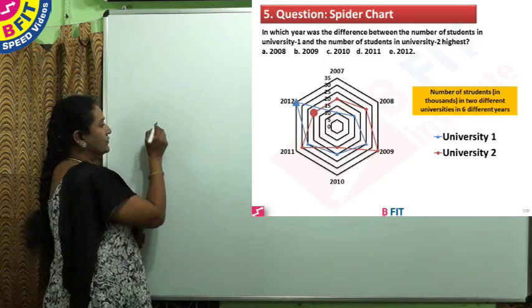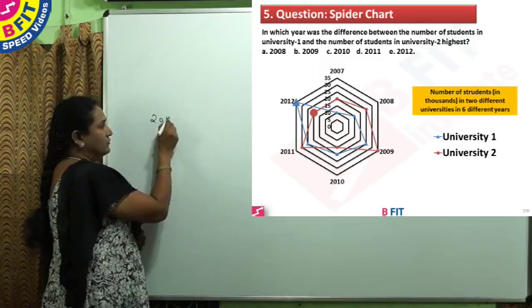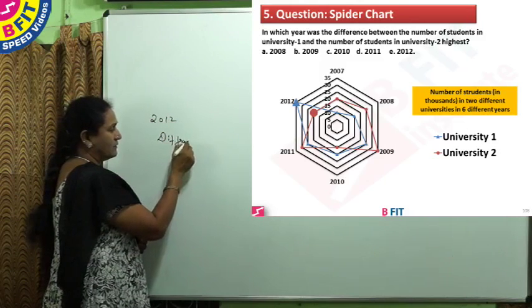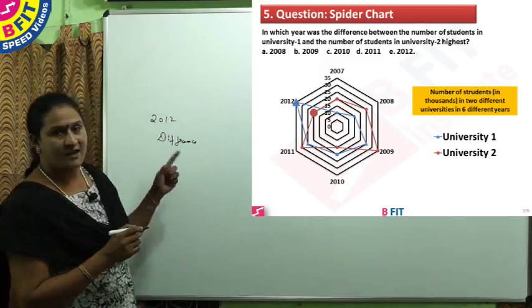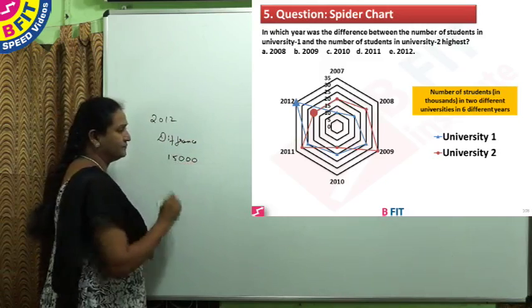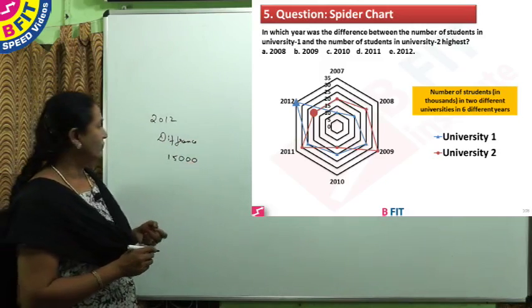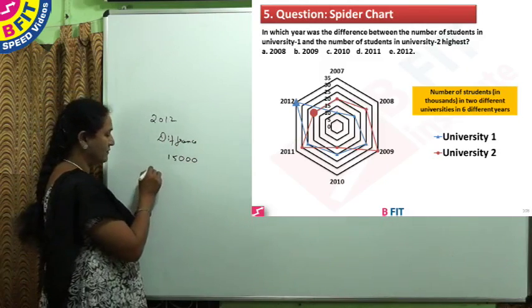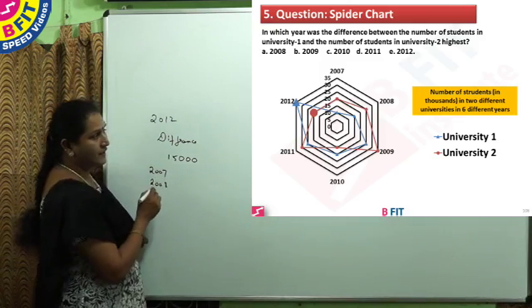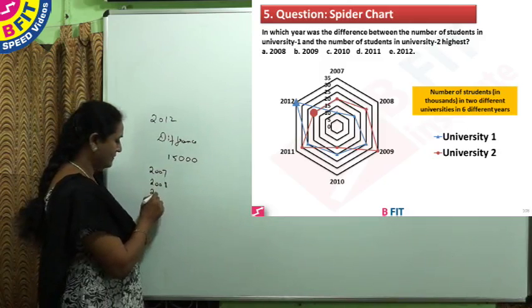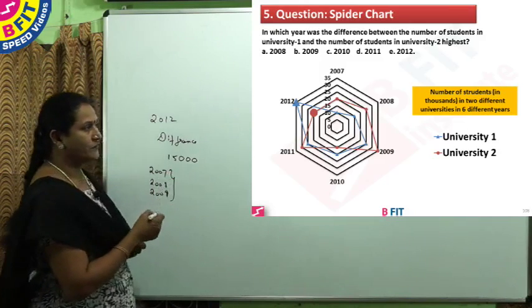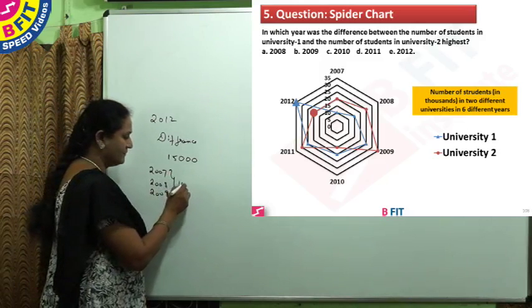For the two universities in the year 2012, we have 3 hexagons apart, so the difference is 15,000. For other years, 2007, 2008 and 2009, the difference between the values for both the universities is 10,000.